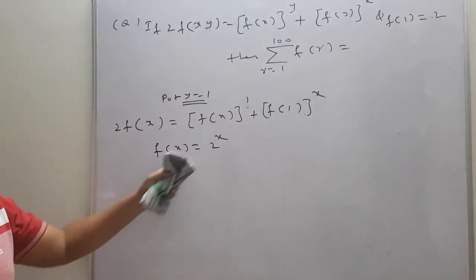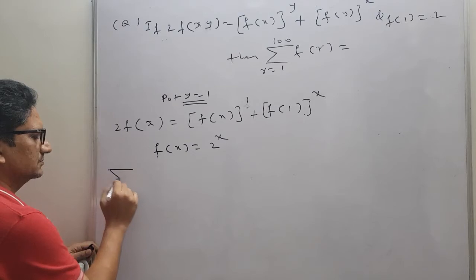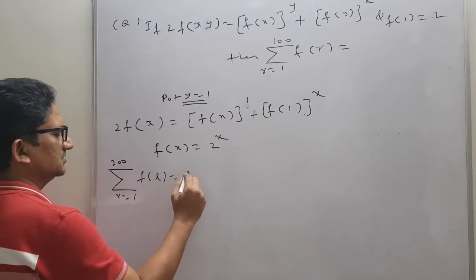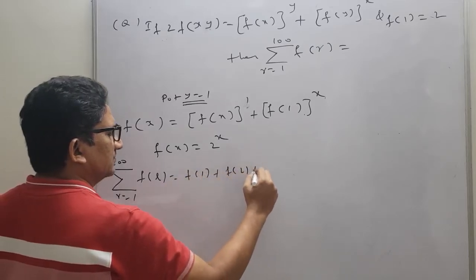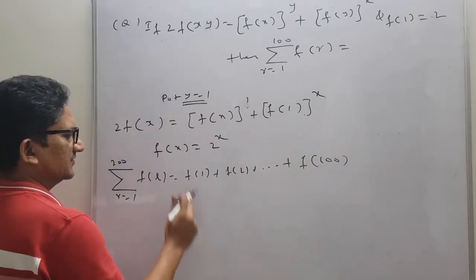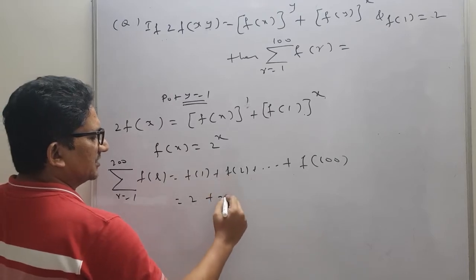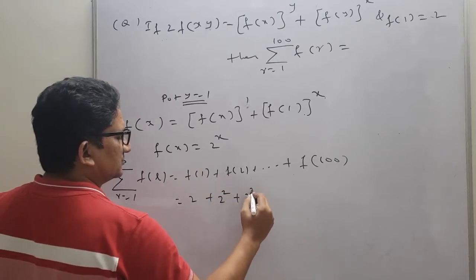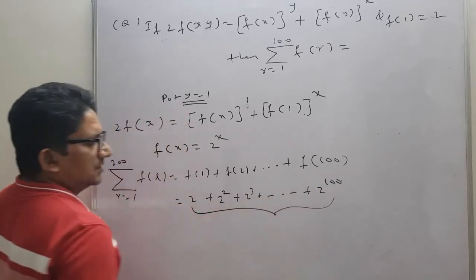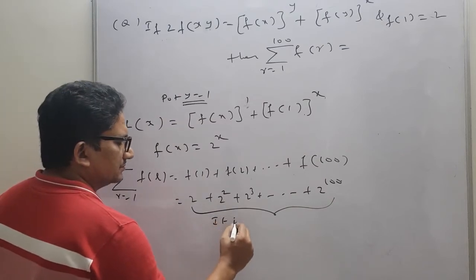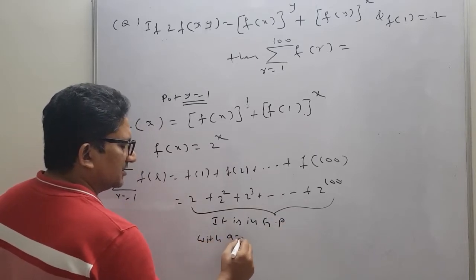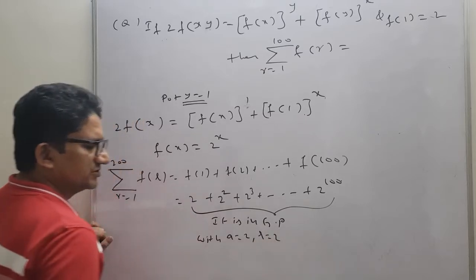Now we come back. f of x equals 2 power x, then we go back to sigma r equals 1 to 100 f of r, that is f of 1 plus f of 2 and so on up to f of 100. If you substitute the values, f of 1 is 2, next we get 2 square, next 2 cube and so on up to 2 to the power of 100. So this series is in GP with first term a equals 2 and common ratio also equal to 2.